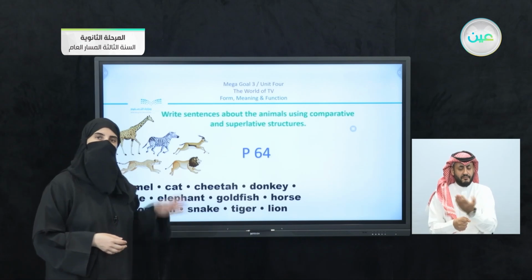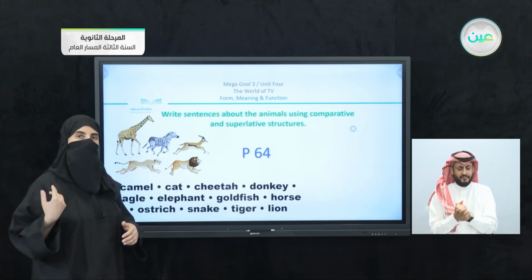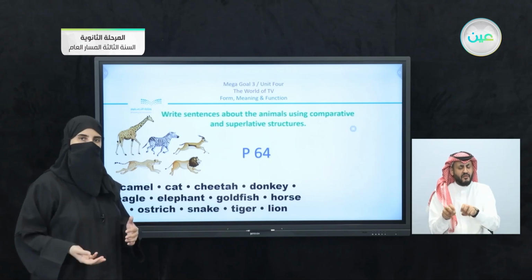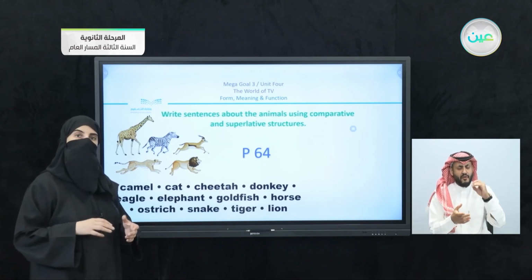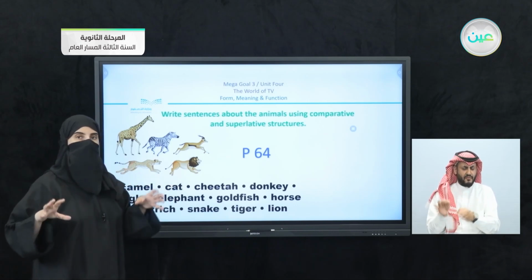You can see that we have the instructions. We have here: write sentences about the animals using comparative and superlative structures. Now, this takes us back to our first unit, Unit 1, when we talked about fearsome animals and predators. If you remember, we talked about symbiotic teams, and there were animal teams actually.